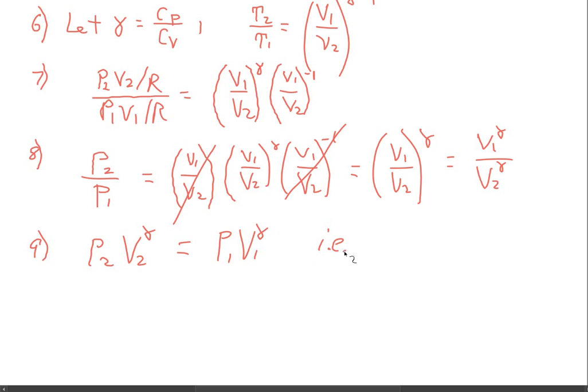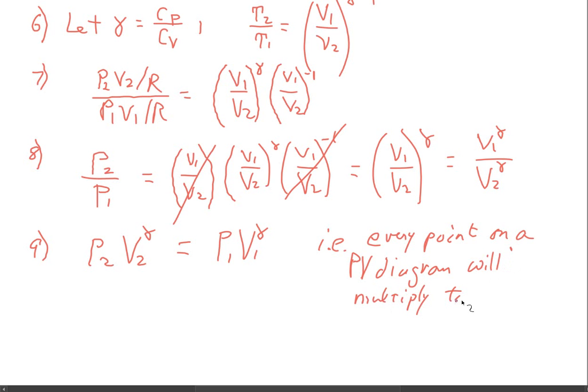That is to say, every point on a PV diagram will multiply to the same constant.